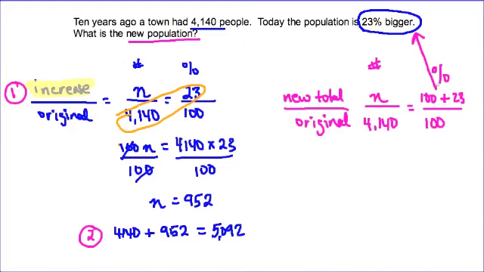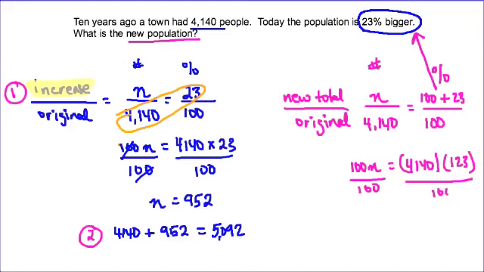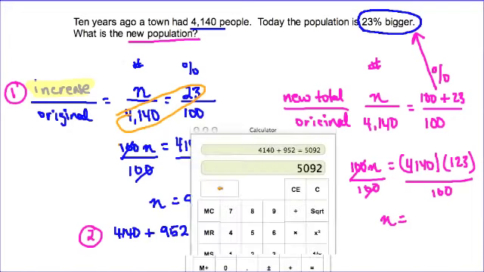Now let's use cross products to do this. I have 100n equals 4,140 times 100 plus 23, which is 123. So I'll divide by 100 and divide by 100. We'll get our calculator out and test to see if this works.